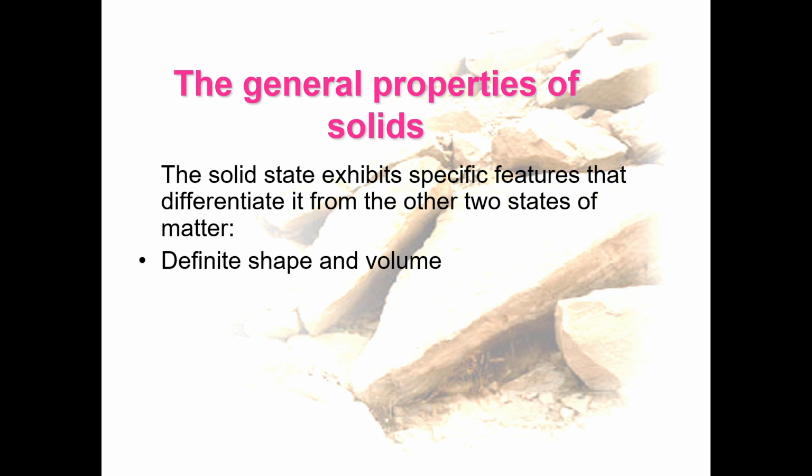So these are the general properties of solid. Solid has definite shape and volume, referring to what the solid is formed from.